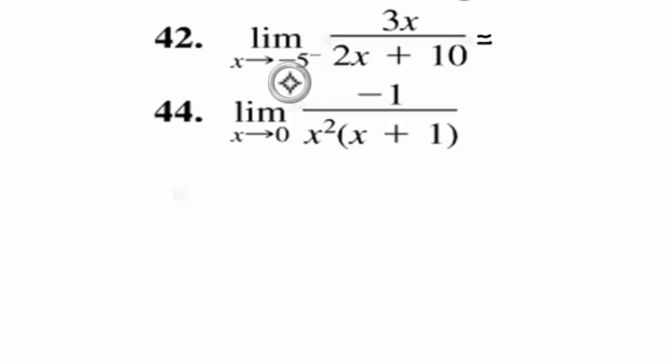If we plug in negative 5.1, negative 5.01, etc., then the sum 2x plus 10 would be close to 0 in a negative sense. For the other factor, it's very close to negative 5, so it's still negative, and 3 times a negative number is negative.